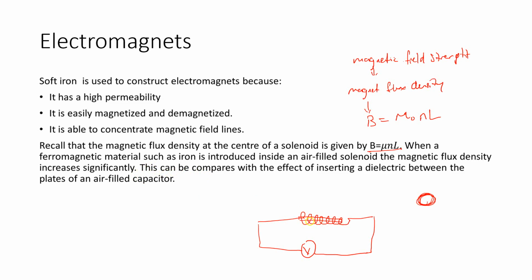If we put a soft iron in between the solenoid, then you would observe that the magnetic flux density will increase significantly, meaning that the solenoid will now become a stronger magnet, a stronger electromagnet, right? It will become a much stronger electromagnet.